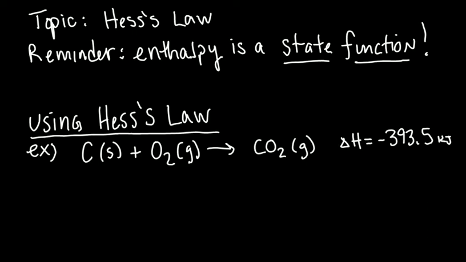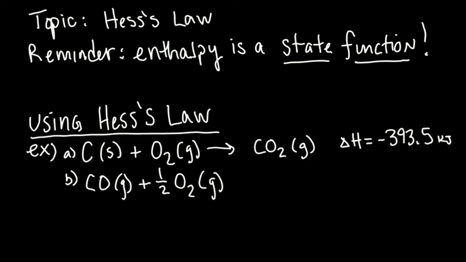We'll call that one reaction A. And then we're also given another reaction. We have carbon monoxide gas plus 1/2 of a mole of oxygen gas going to carbon dioxide gas. And we're given that the delta H for this reaction is negative 283.0 kilojoules.